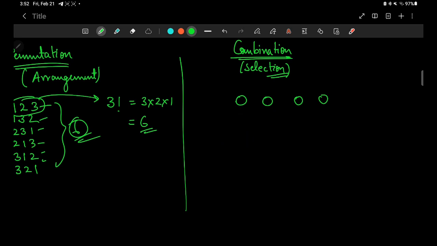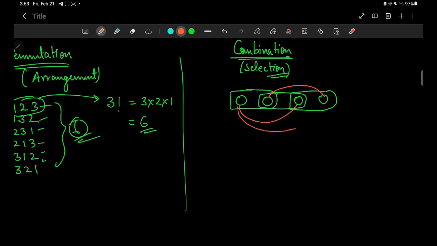I can select these 2, then these 2, and so on. How many possible ways now? 1 2 3 4 5 6. 6 ways are possible if I'm going to select two students.